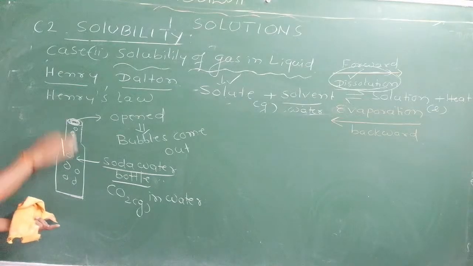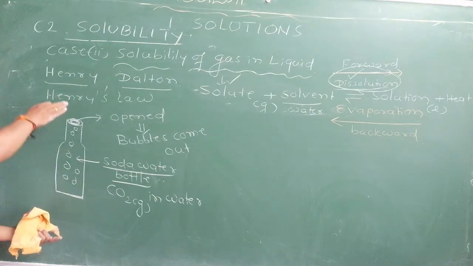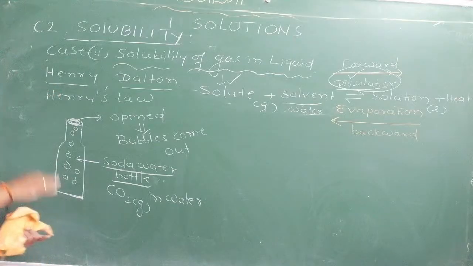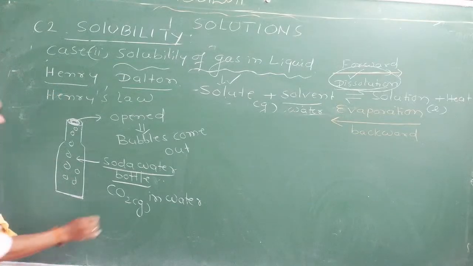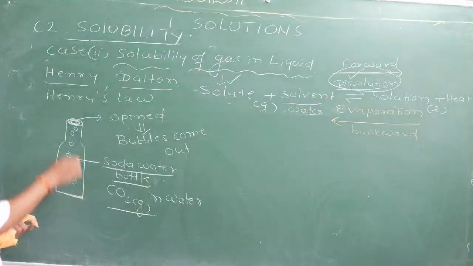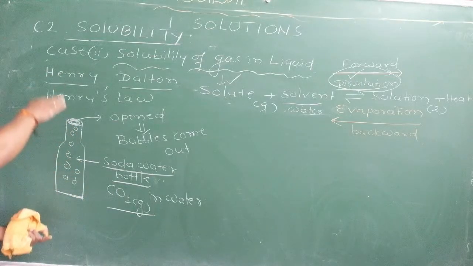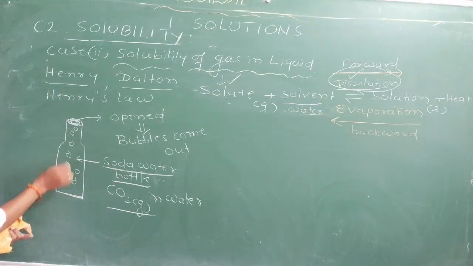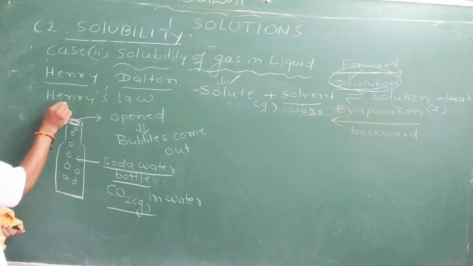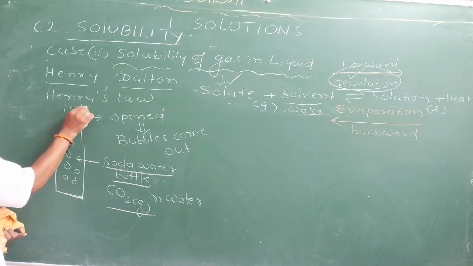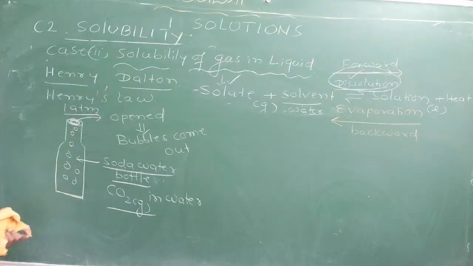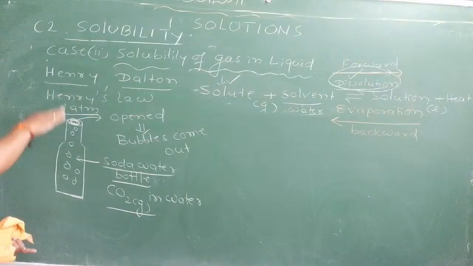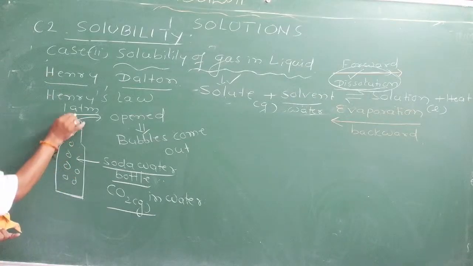Generally, in the bottle, carbon dioxide gas is filled under pressure. The pressure inside is very high. What is the pressure of air? Once you open the bottle, the pressure will be 1 atmosphere. Under pressure, it will be dissolved.